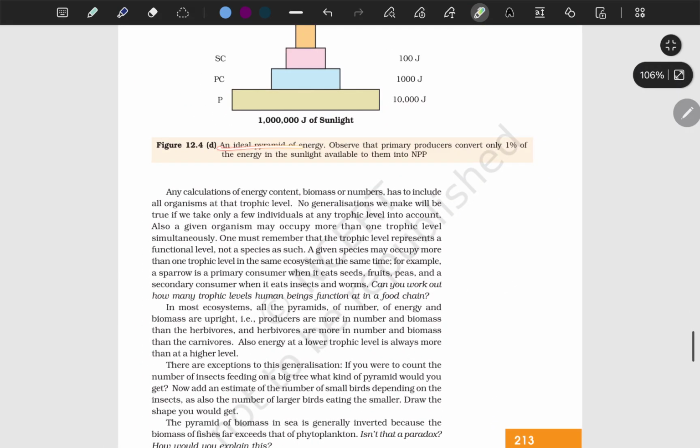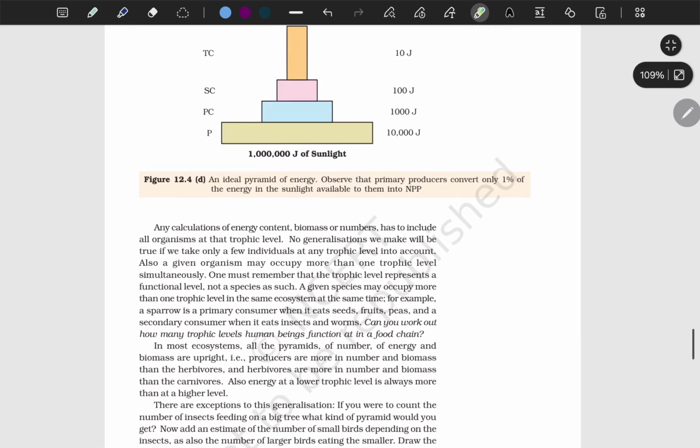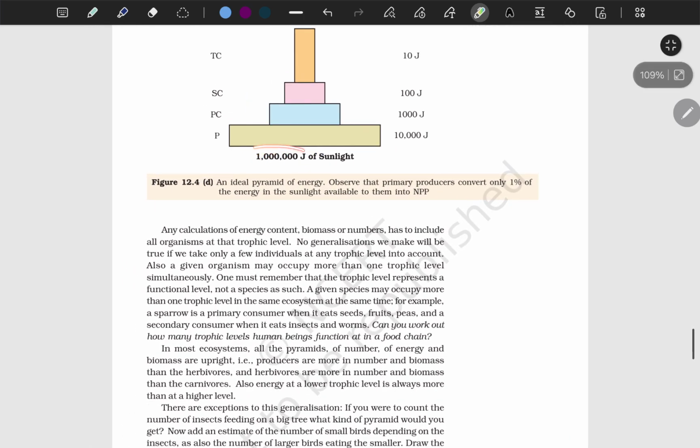In an ideal pyramid of energy, the primary producers convert only 1% of the energy in the sunlight available to them into NPP. So here the energy of sunlight is 10 lakh joules.